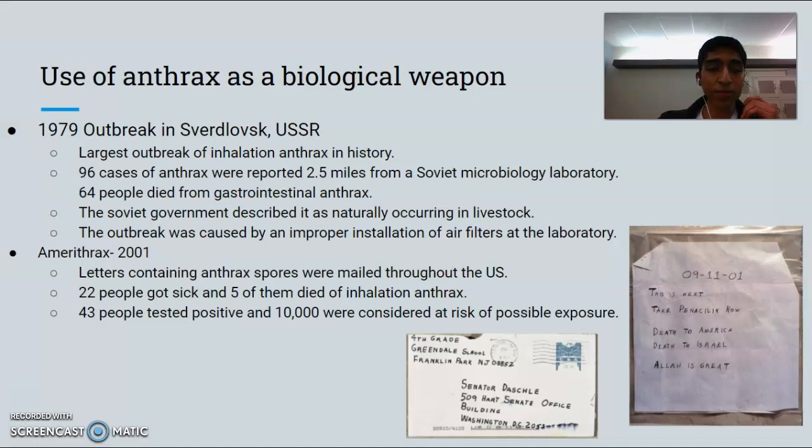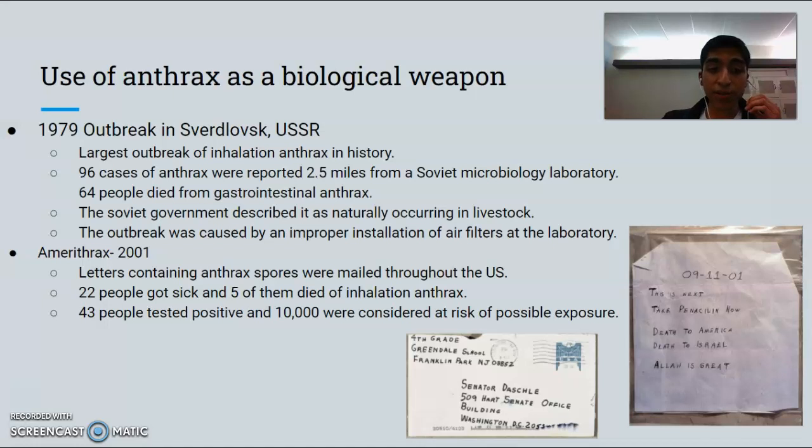Some of the more modern and well-known cases were in 1979 in Sverdlovsk in the former Soviet Union. There were 96 cases of anthrax in a 2-mile radius from a Soviet microbiology laboratory, which was illegal at the time because in 1972 a treaty to end the use of biological weapons was signed, and the USSR was included.